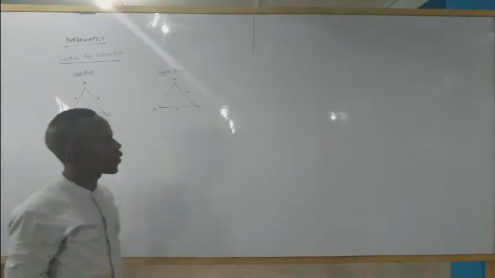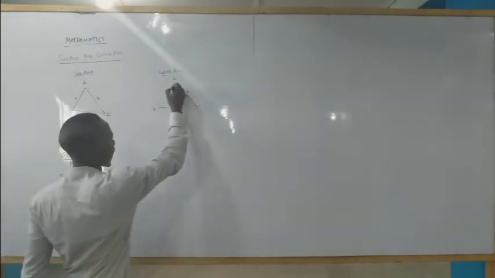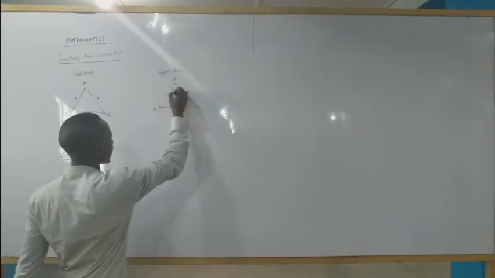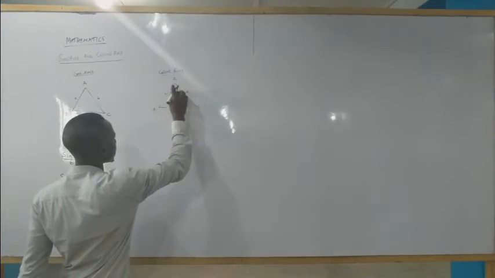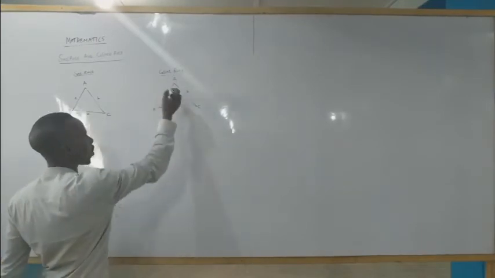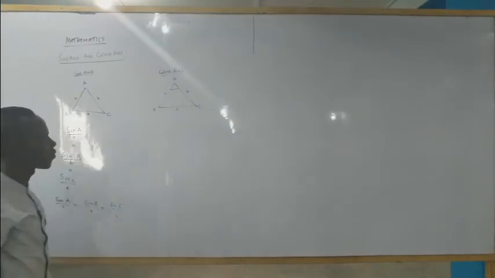So the cosine rule is saying that we have an included angle here. Let's name it theta, whatever.